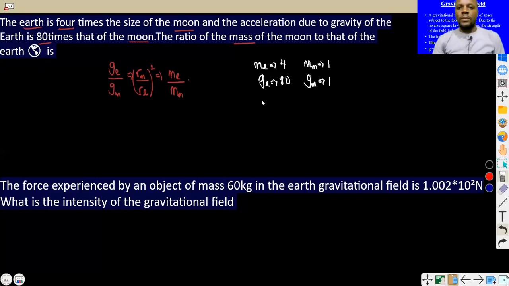The ratio of the mass of the moon, mm, to the mass of Earth, me. So if I'm getting mass of moon over mass of Earth, I'll just reverse it.